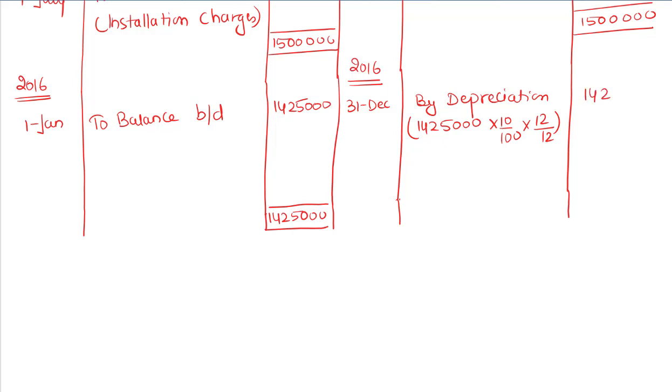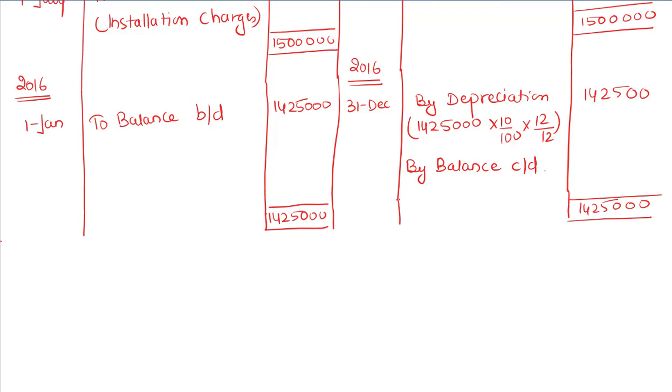So this would be 142,500, which is 10%. Let's do the total over here. 14 lakh 25,000 minus 1 lakh 42,500. Do it on your calculators and try to calculate the closing figure, by balance carried down.